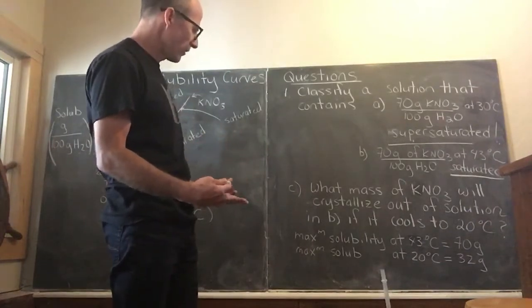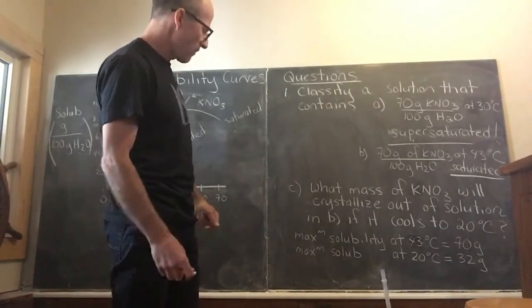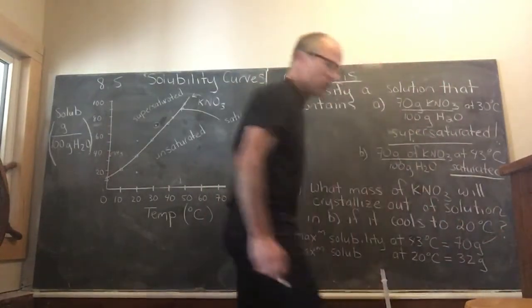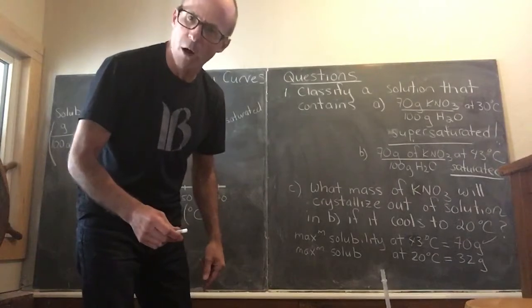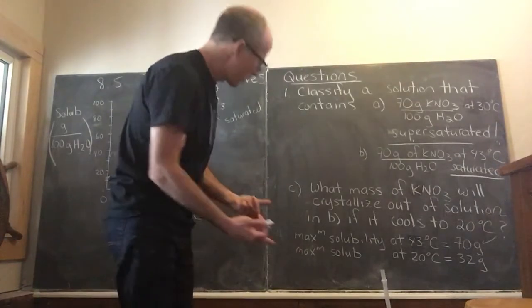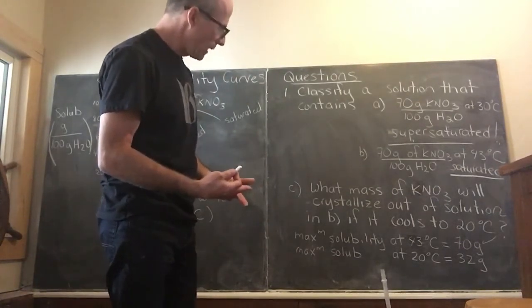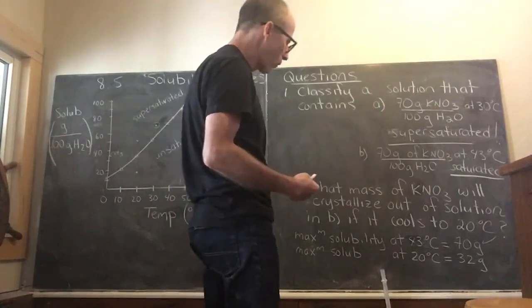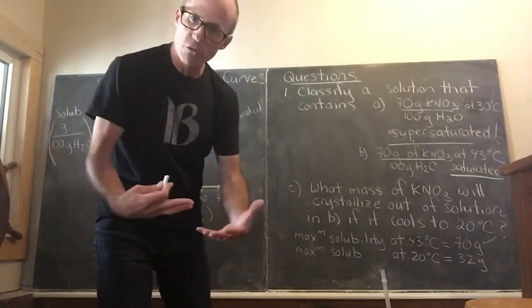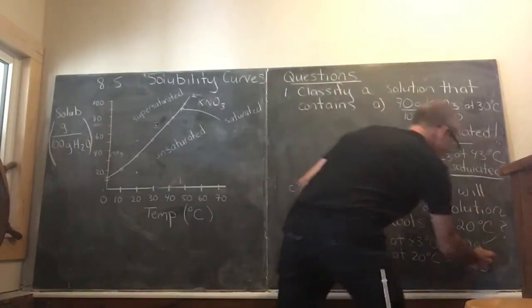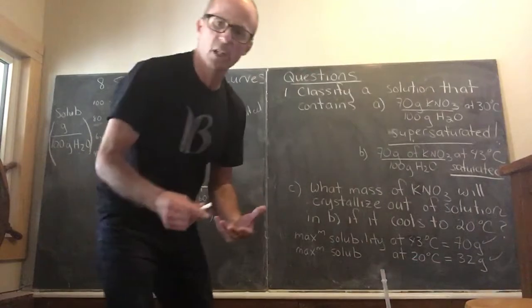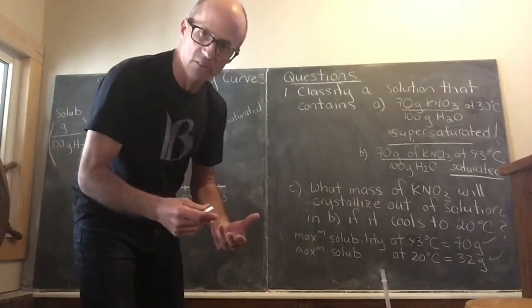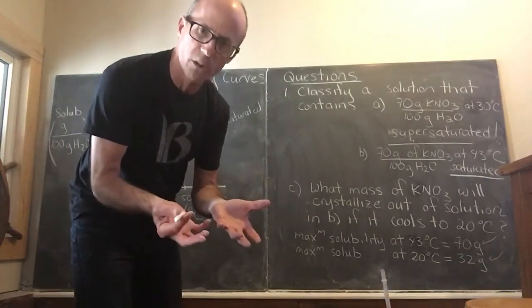Well, the bottom line is, according to our graph, at 43 degrees, the maximum solubility is 70 grams per 100 mL of water. As we cool it down to 20, you can see from the graph that the maximum solubility at 20 is about 32 grams of solute. So if you can imagine doing this experiment, starting at 43 degrees, we would have 70 grams totally dissolved.